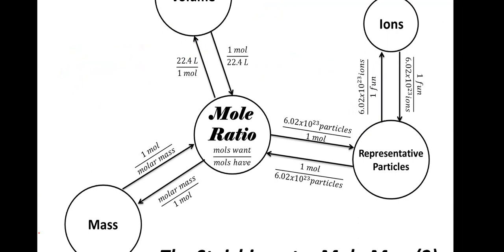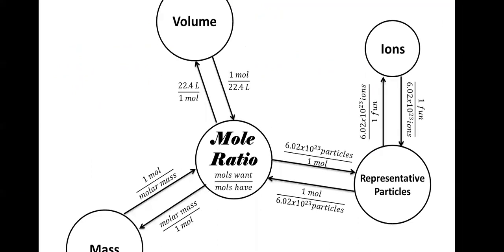So our first parenthesis, we said we're starting in the volume. We're starting up here. So that's the number 1 circle. And we are traveling to the mole ratio circle. So that's the second circle. So 2 circles means 3 parentheses in our problem. So we've already done the first parenthesis.